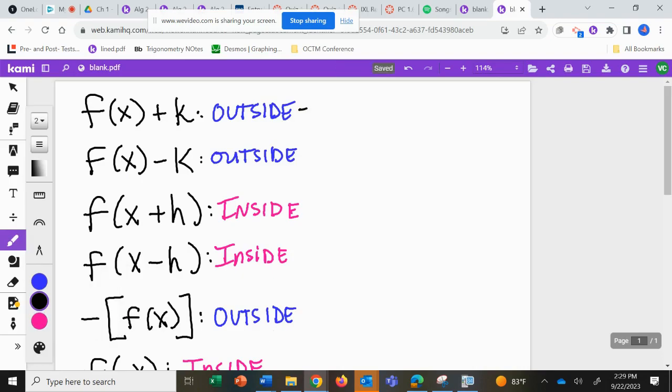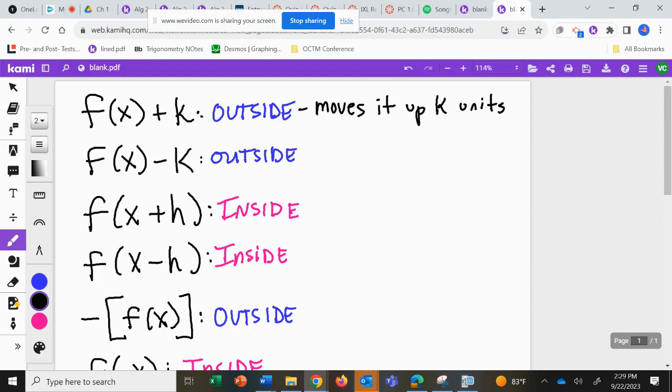And you, in your own words, you're going to say it moves it up k units, because that 4 was just that one specific example, but you might have put plus 2. You might have put plus 9. Whatever you added, that's how many units it goes up.